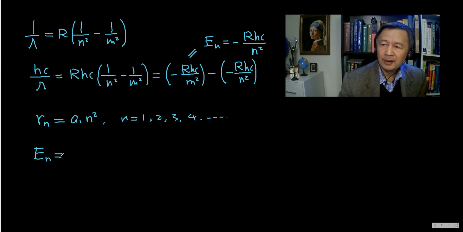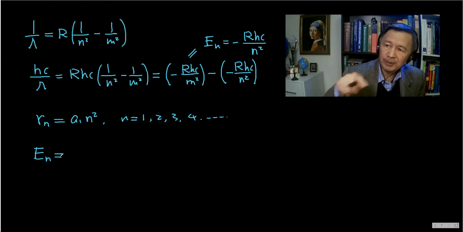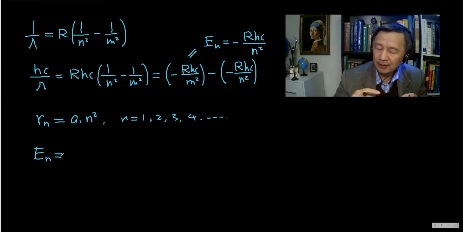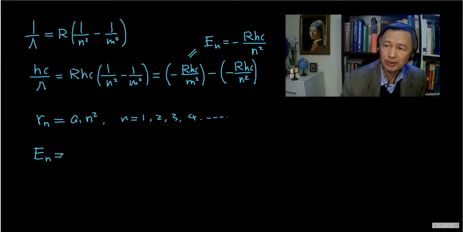This is based on two steps. One is using Newton's law and Coulomb's law, and step 2 is to incorporate de Broglie's matter wave, by treating the electron in those stationary orbits as a standing wave. So standing waves correspond to the stationary states. That is Bohr's contribution.